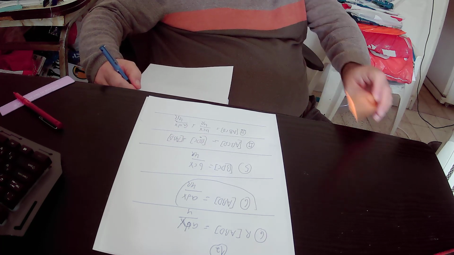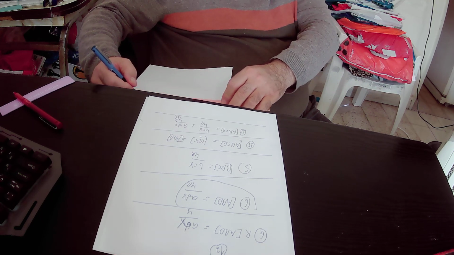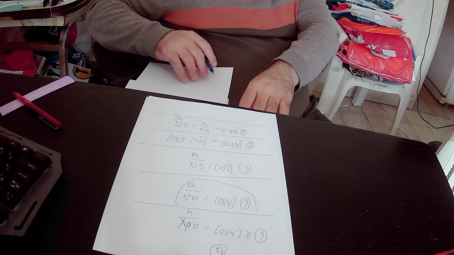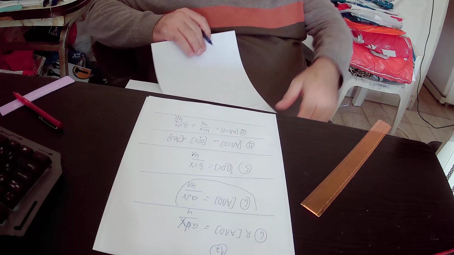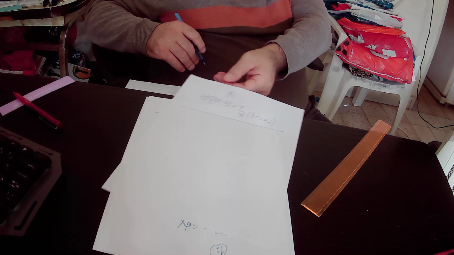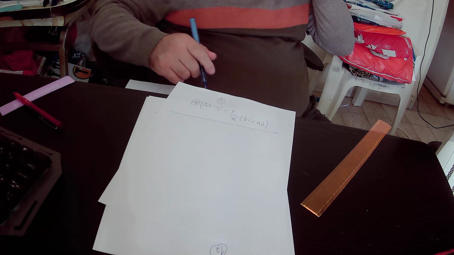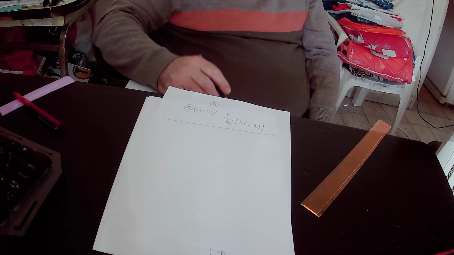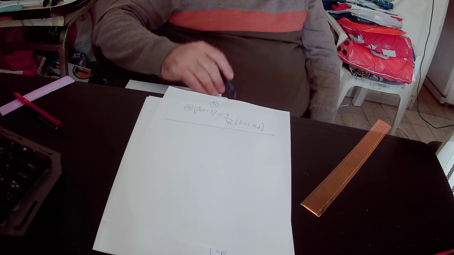So we actually found out that the area of quadrilateral ABCD according to equation number 2 equals x over 4R times (BC plus AD).